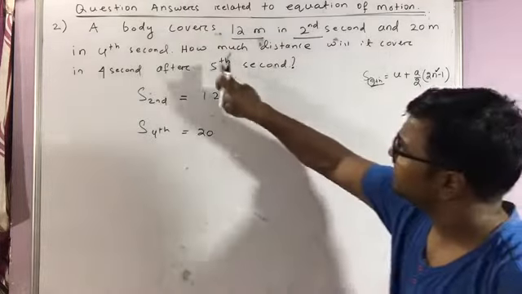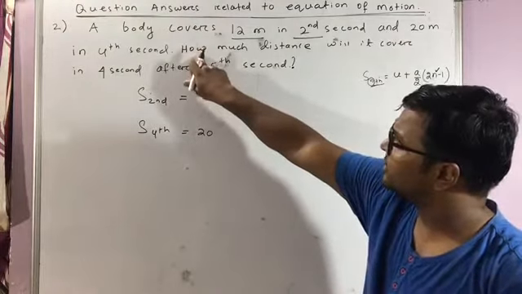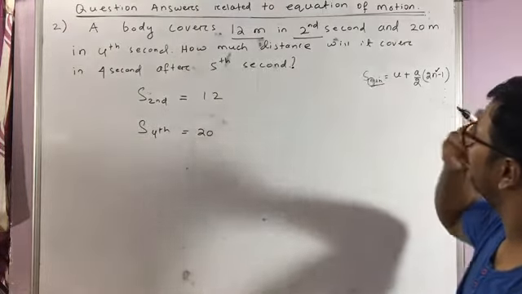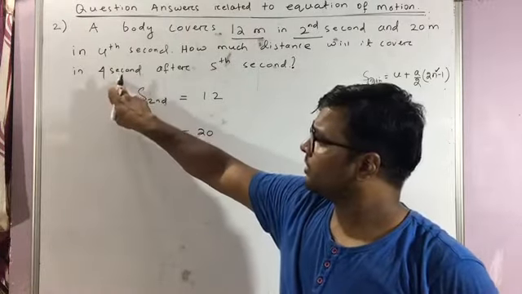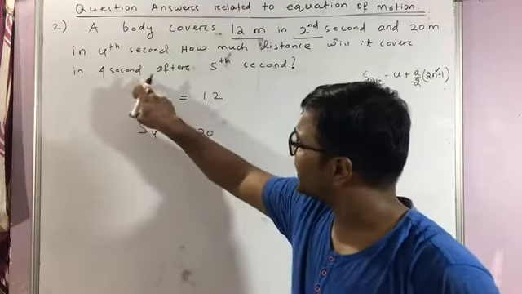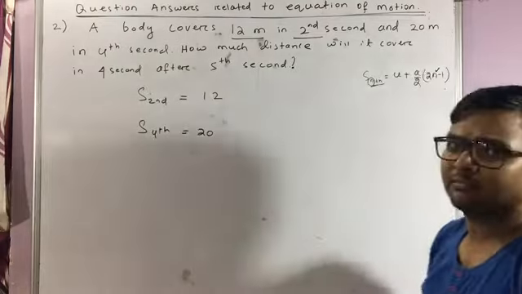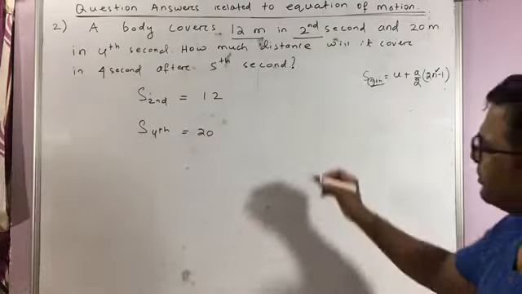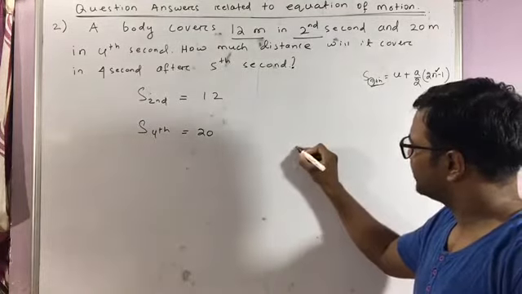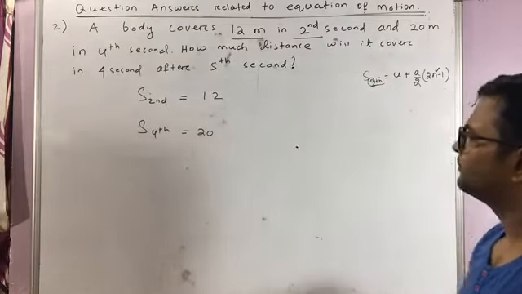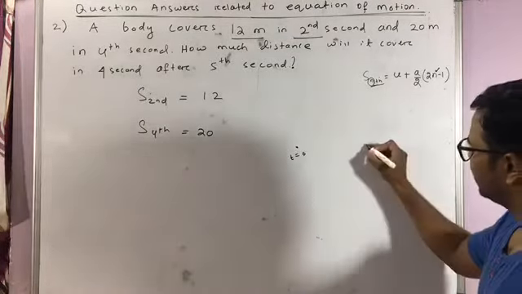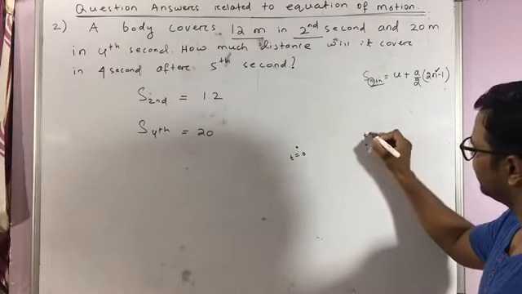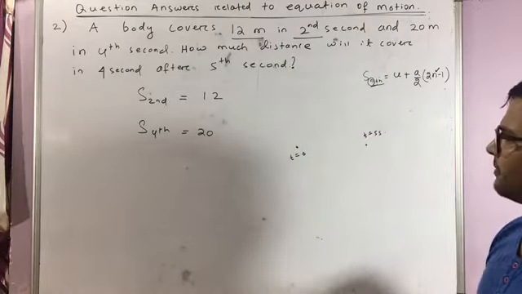The question is asking how much distance it will cover in 4 seconds. But that 4 seconds is after the 5th second. It means if the object started the motion from here at time t equal to 0, it is the time when t is equal to 5 seconds.